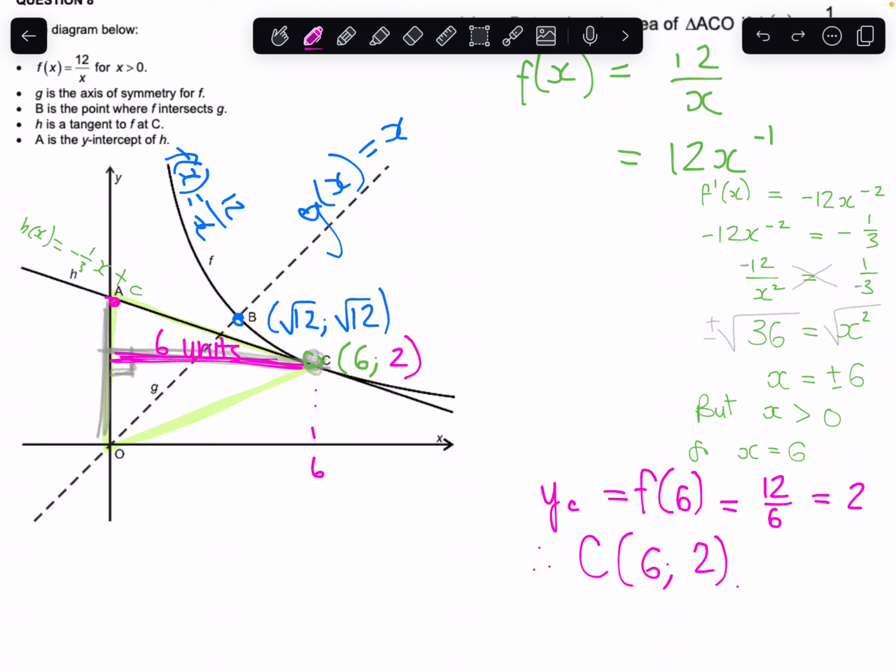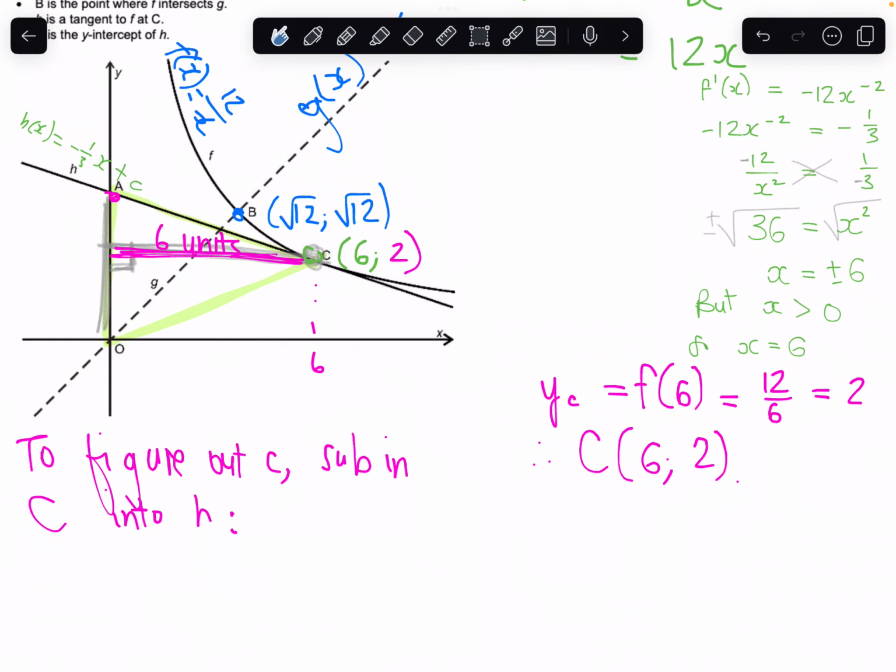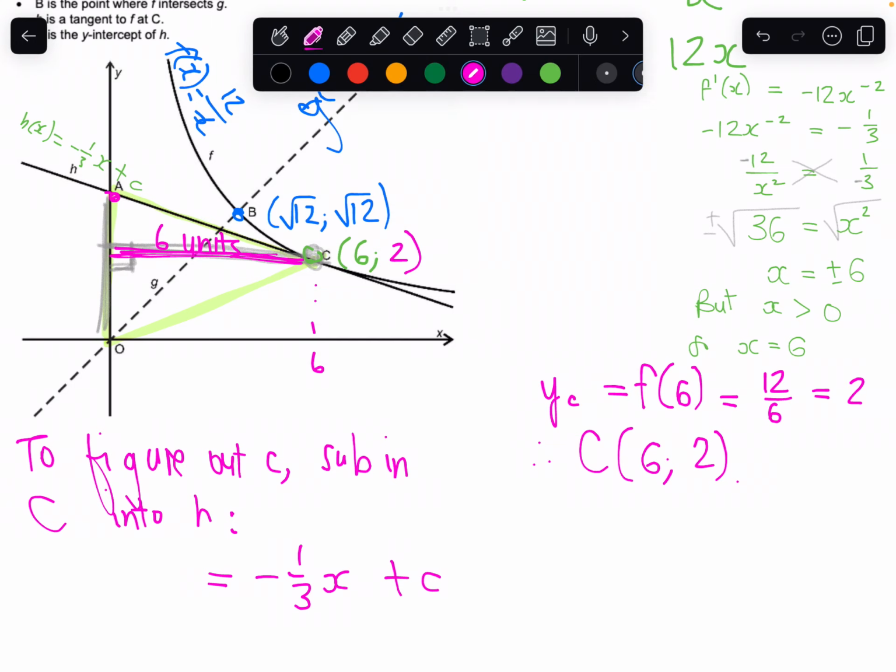To figure that out, sub in C into h, the function h. We know that h of x is equal to negative a third x plus c. So we know that the output of the function is 2 when the input of the function is 6.